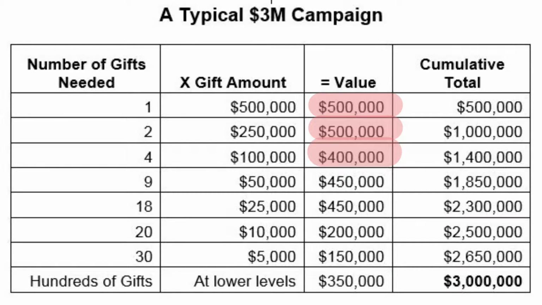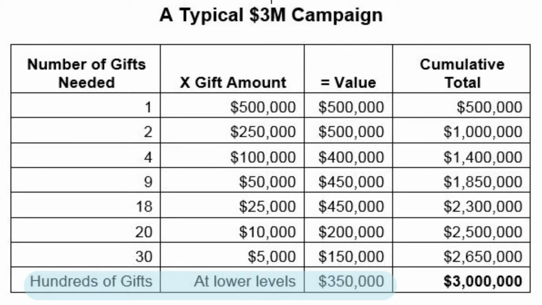If you add in 9 gifts of $50,000, your cumulative total increases to $1,850,000. That's nearly 2/3 of the entire goal from just 16 households. Now look at the bottom of the column labeled number of gifts needed, the first column. I simply say many gifts at lower levels for a combined value of $350,000.